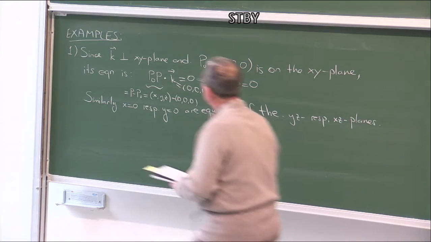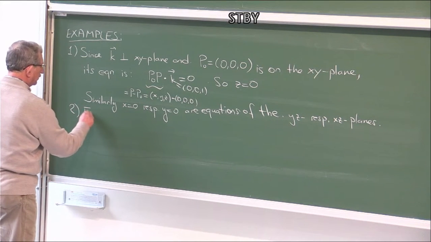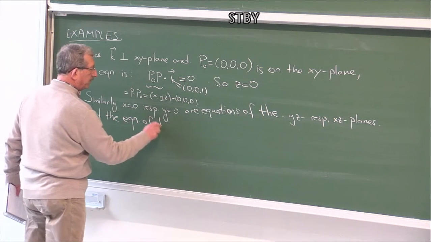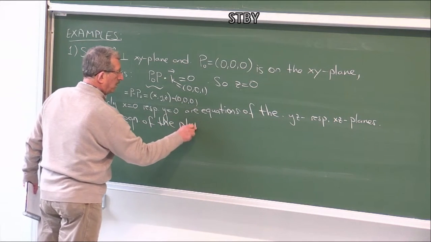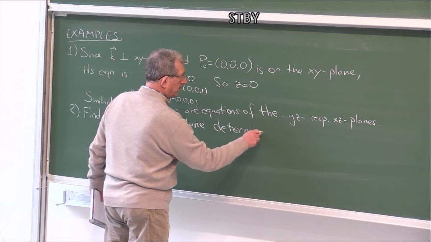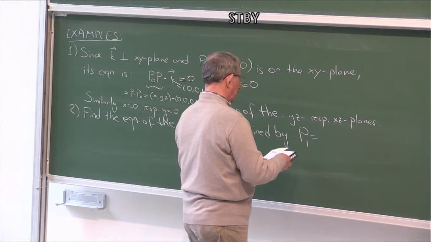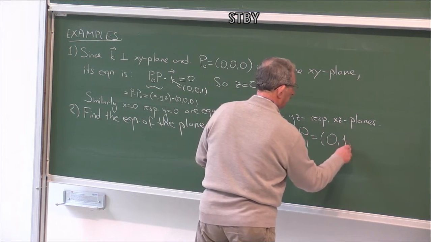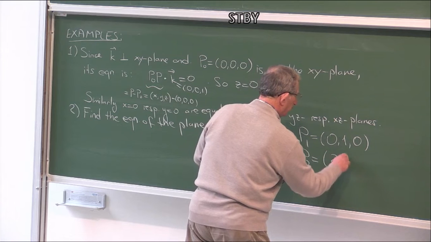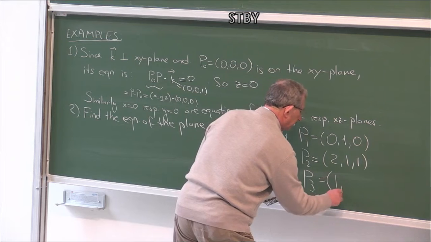Now, let us be a little bit more specific. Let us find the equation of the plane determined by the 3 points. The first one would be 0, 1, 0. The second one, 2, 1, 1. And the third one, 1, 0, 1.